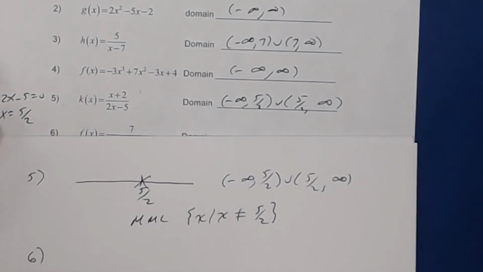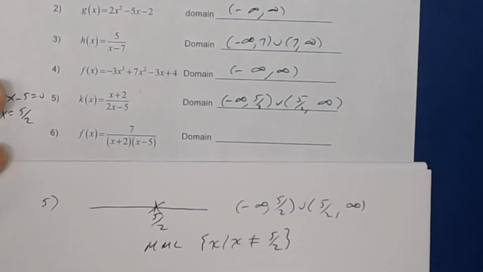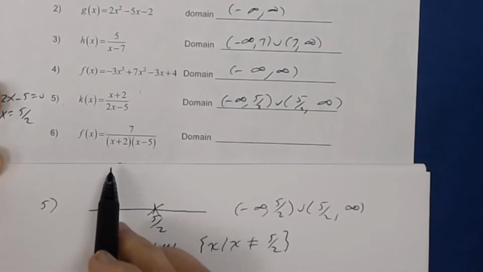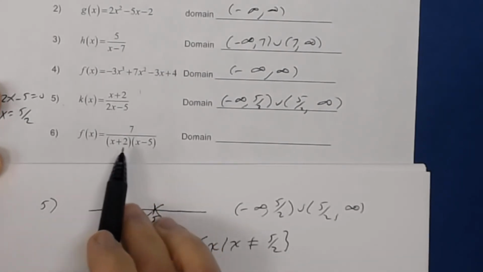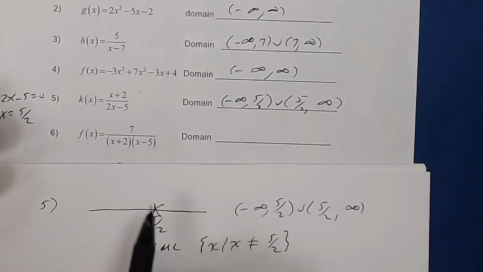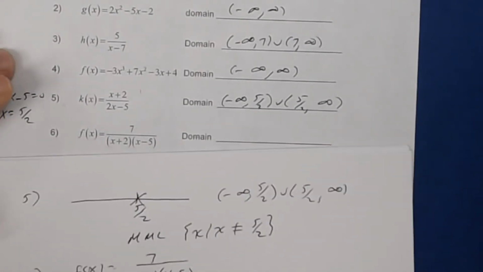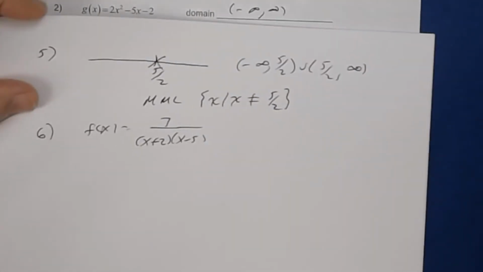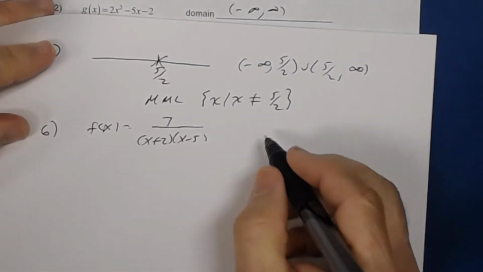So notice number 6, you have again a rational function, except this time, if you look at your denominator, it's already in factored form. And so that's easy to deal with. So number 6, your function is f of x equals 7 divided by (x plus 2) times (x minus 5). Basically here, you just have to set the denominator equal to 0.